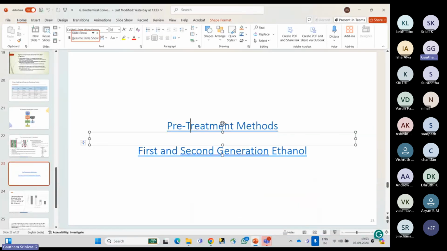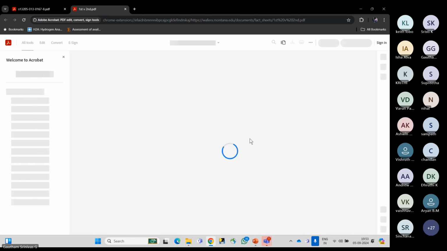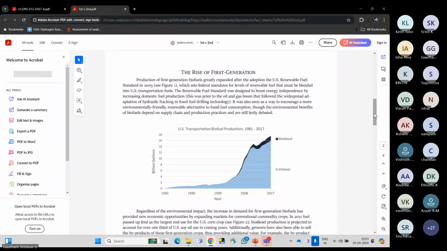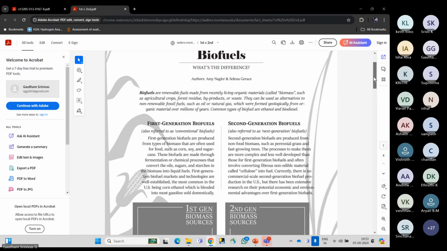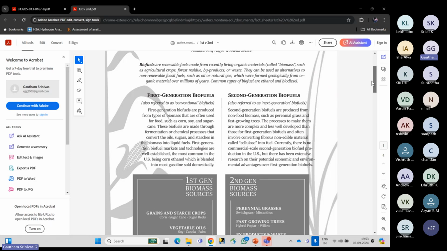And the second one is the difference between first and second generation ethanol. So it's just what I have already told you.